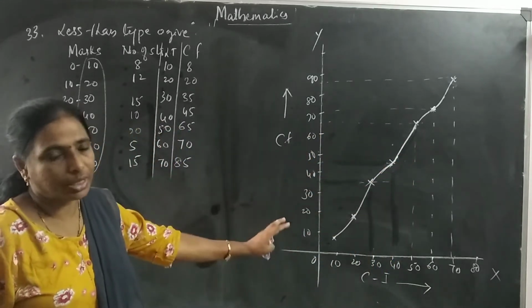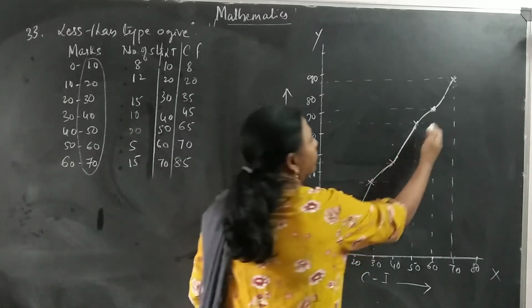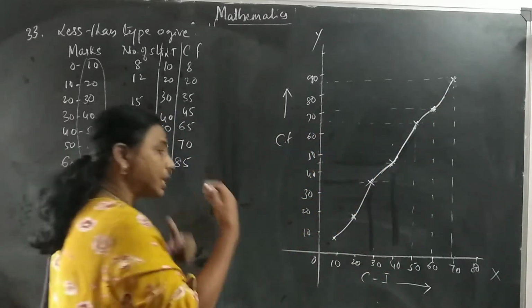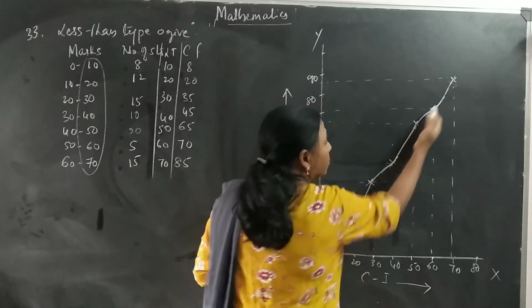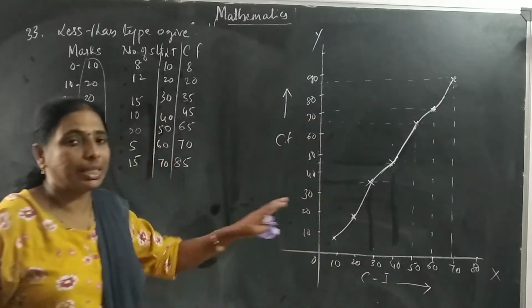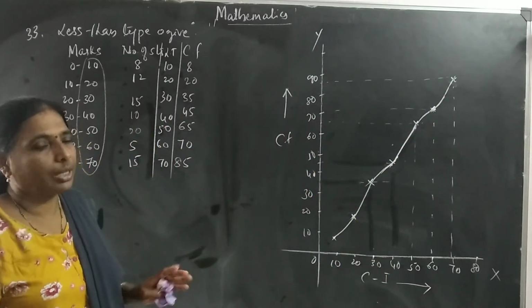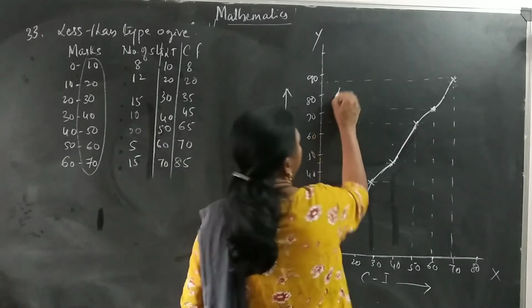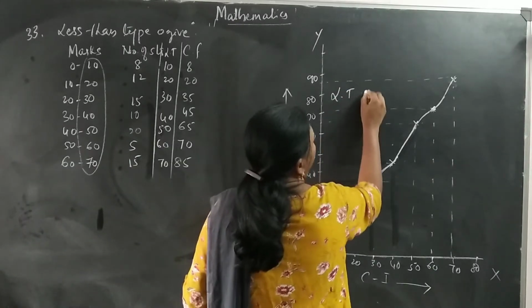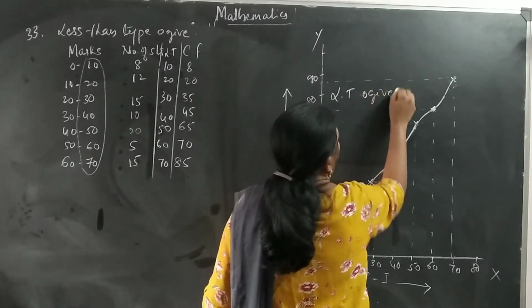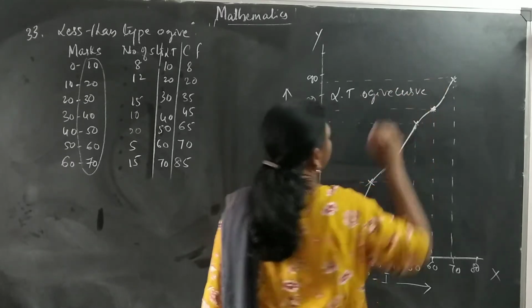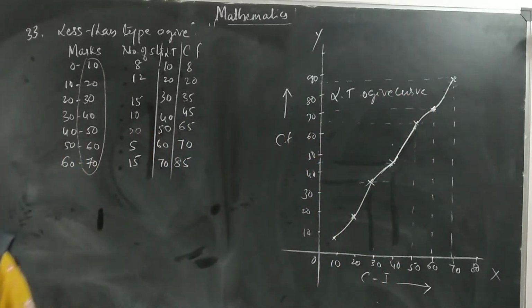So you may get it in a different way like this. But starting from down to upwards it should go. That is the ogive curve. This is less than type ogive curve. I hope you understood this.